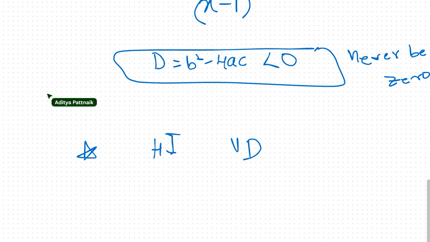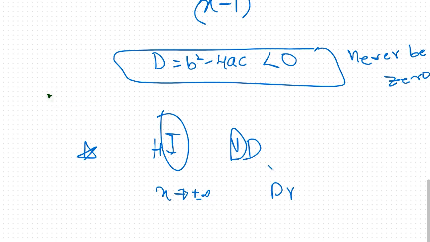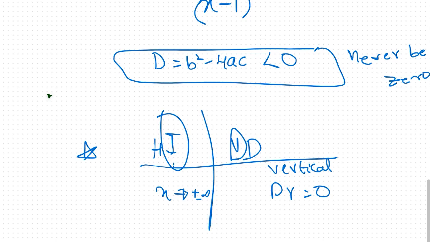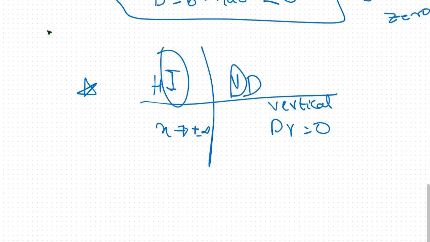So high means infinite, x tends to plus or minus infinity. V means vertical asymptote means denominator 0. To get vertical asymptotes, set the denominator to zero; horizontal asymptotes are for plus or minus infinite. So that is about holes, vertical asymptotes, horizontal asymptotes.